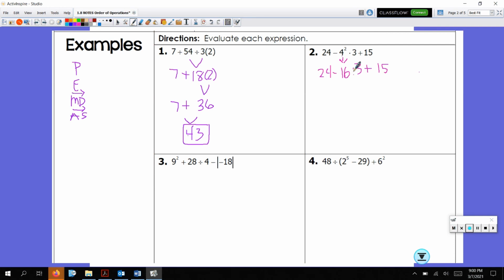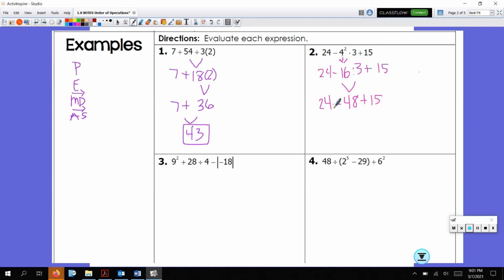Okay, now we have subtraction, multiplication, and addition. Well, who comes first? Multiplication, because addition and subtraction are last on the list. So negative 16 times 3 is a negative 48. Bring everything else down, my plus 15 and my 24.